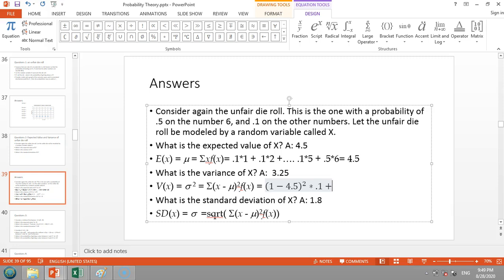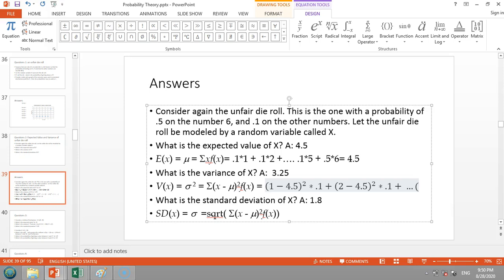You could say 0.1 times the other one, and it doesn't matter. 2 is the second outcome. 2 minus 4.5 squared times the second outcome's probability, plus dot dot dot.